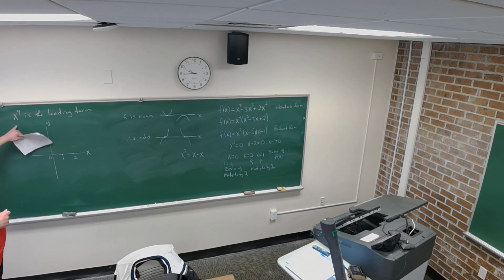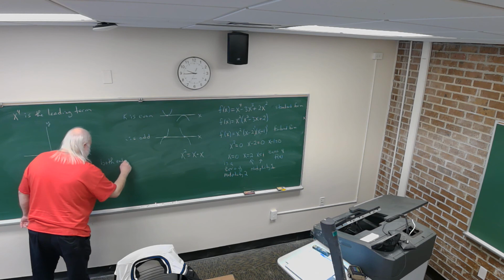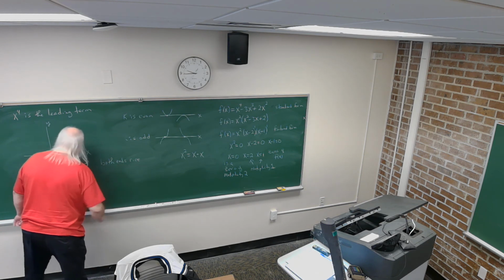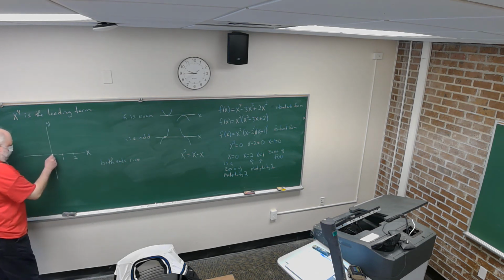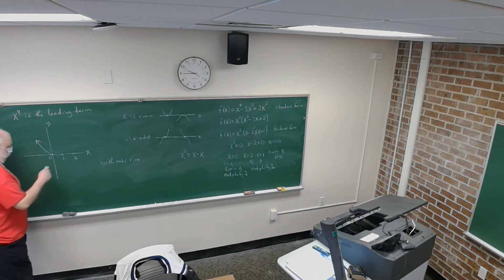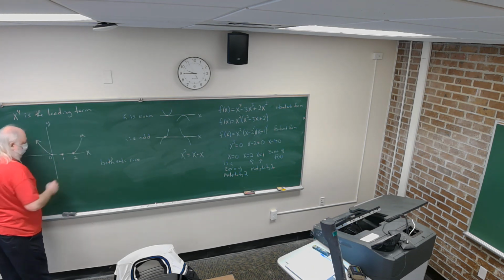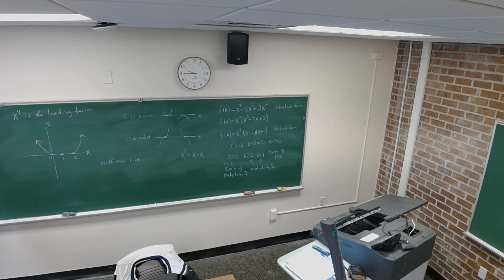With x to the fourth as the leading term, does the left end go up or down? Up. What about the right end? Yeah, both ends rise. So at x equals 0, the left end of the graph goes up. And to the right of x equals 2, the graph goes up. That we know.